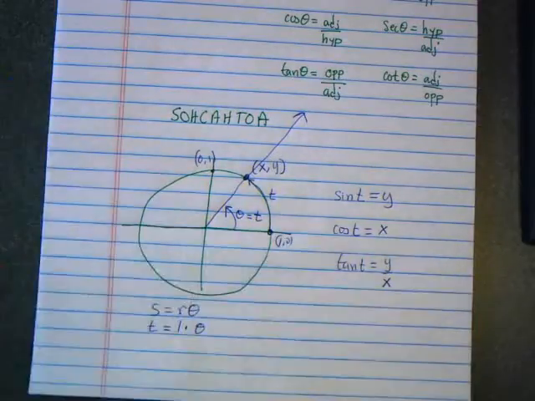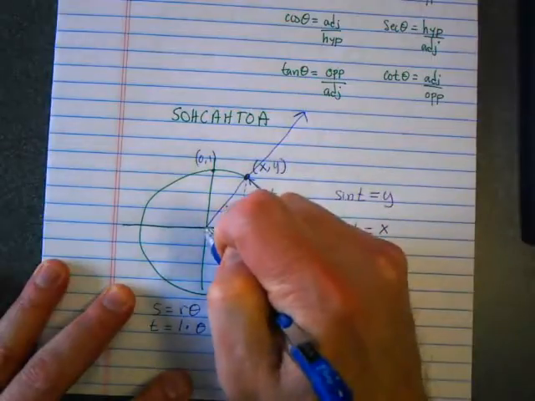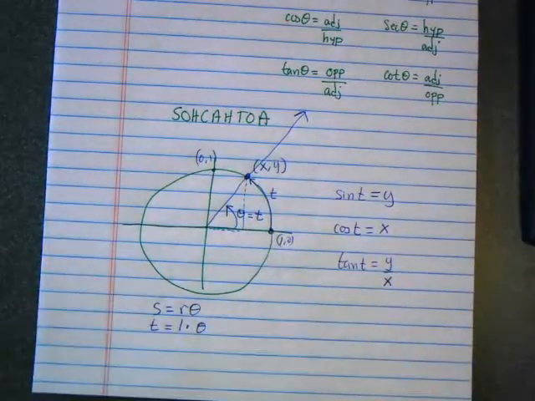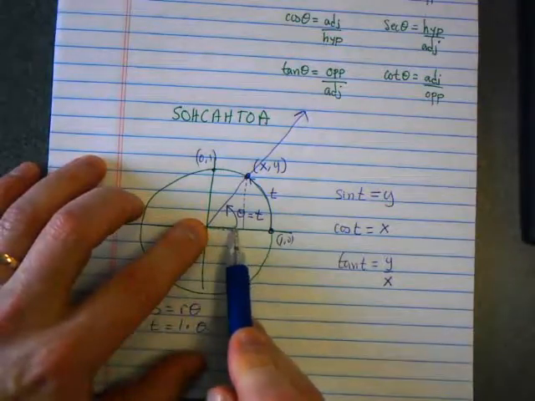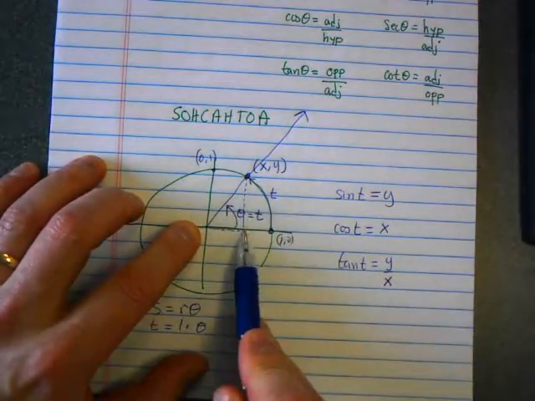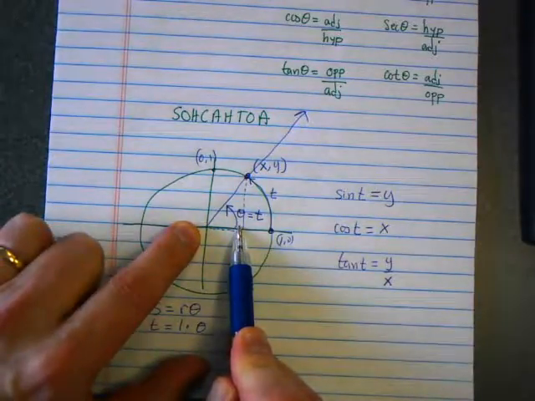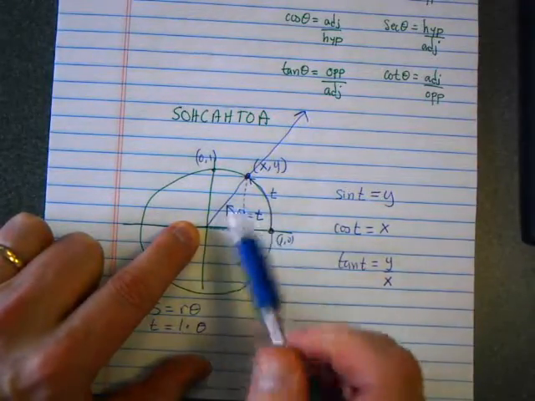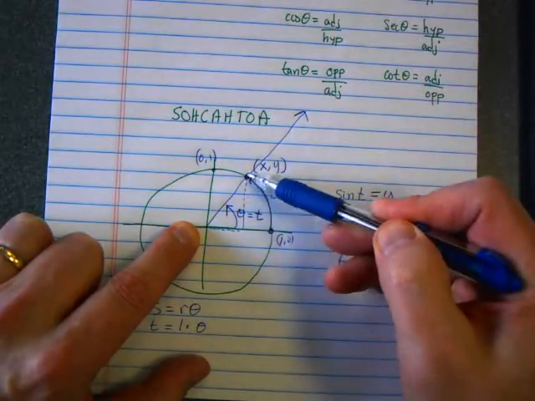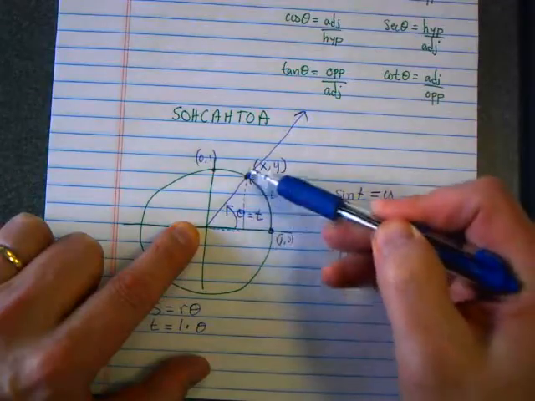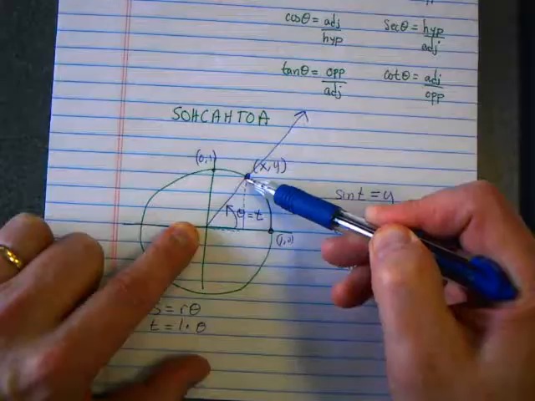All right, last thing. What if I draw this right triangle right here? If I draw this right triangle, what's the sine of this angle theta using the triangle? Sine is opposite over hypotenuse. All right, if this is my angle theta, how tall is the opposite? It's y. This distance would be y, correct?